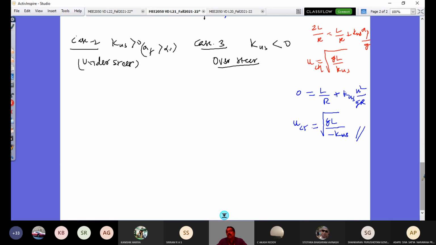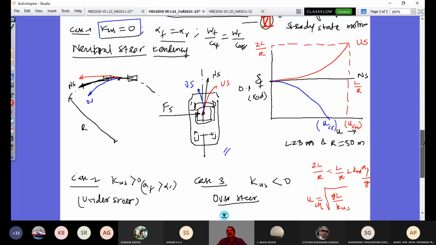So we had this steering angle versus forward speed we were plotting. When we plotted that, you could see that the variation is parabolic here, and the variation is 0, it's constant, for the neutral steer behavior of the vehicle. This is the negative slope you have for an oversteer vehicle. So this is what we looked at in the last class.